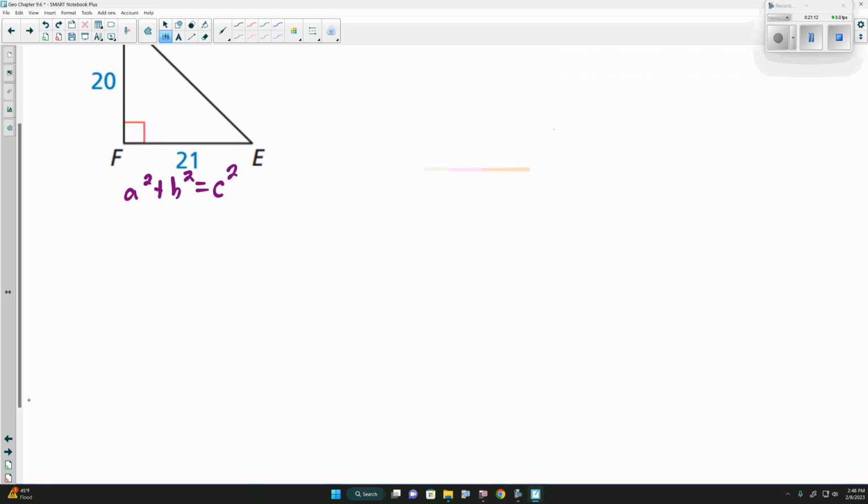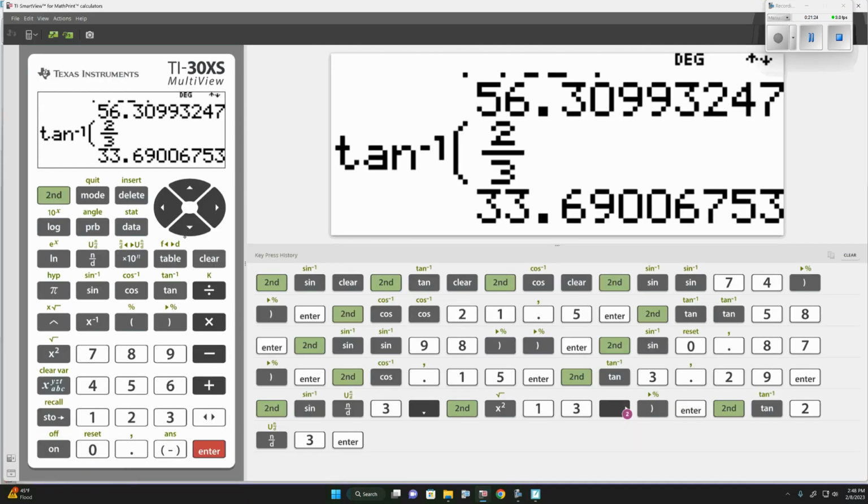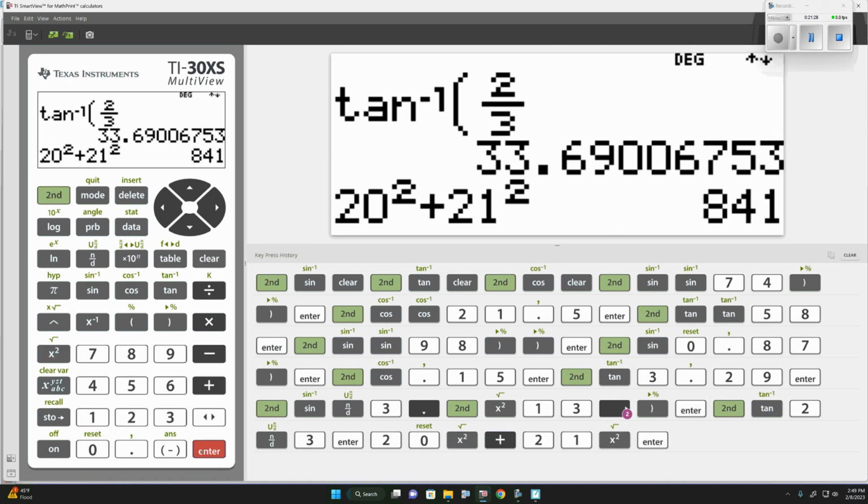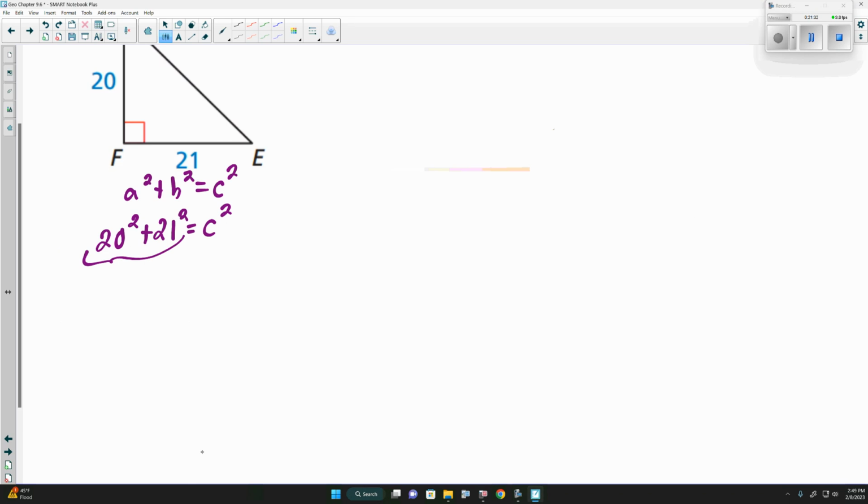So our two side lengths are 20 and 21, so we'd have 20 squared plus 21 squared is equal to the hypotenuse squared. Now at this point here, we could do 20 squared plus 21 squared in the calculator, and get 841. So 841 is equal to the hypotenuse squared.